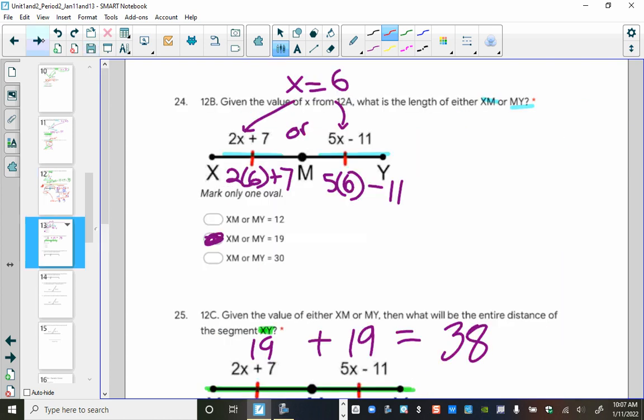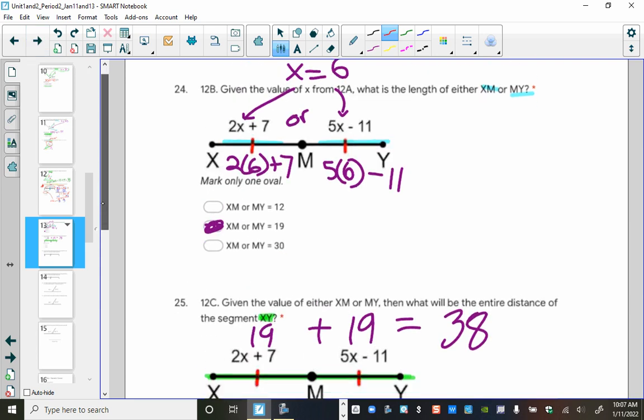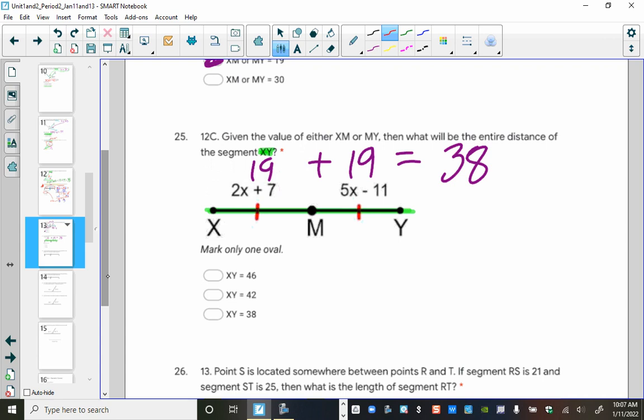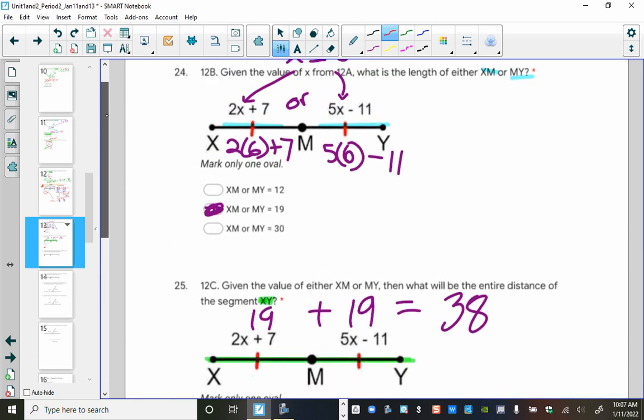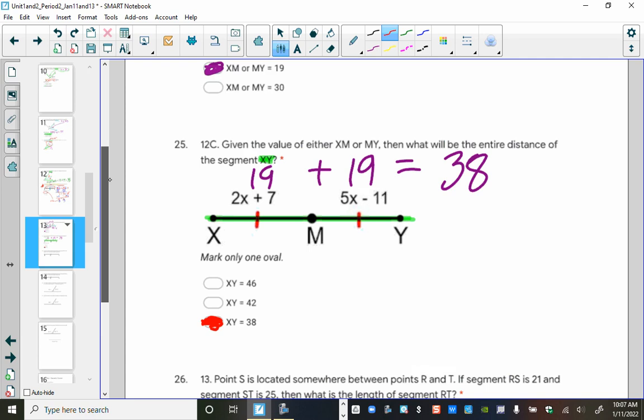And then, of course, once you get your value of x, substitute. But again, look at whether or not I'm giving you just a section, a portion of this segment, or the entire thing.